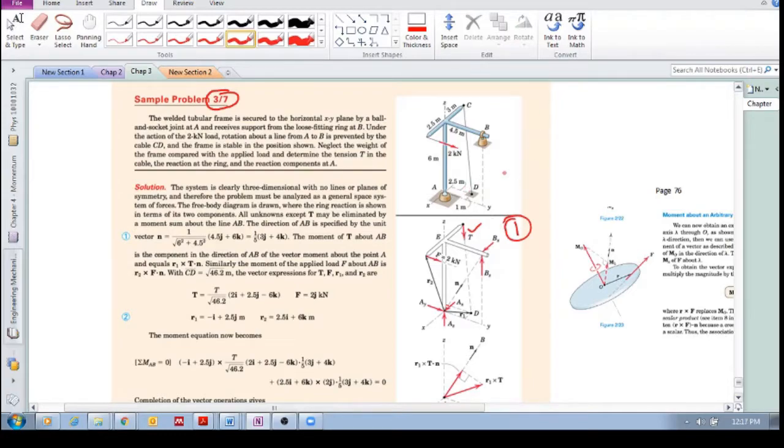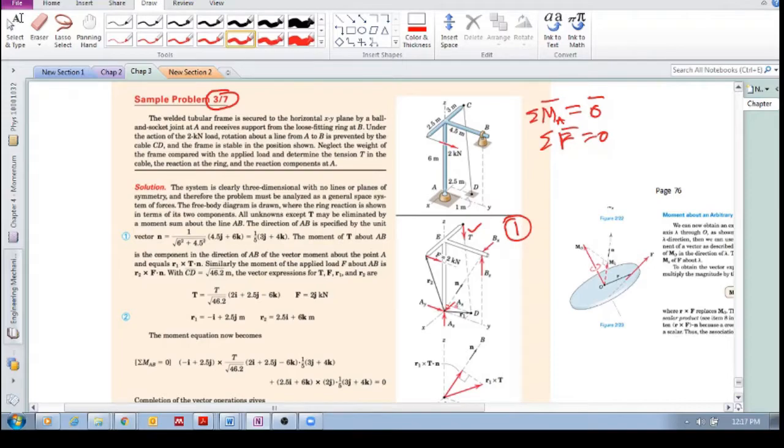Now we know that our general way of solving these problems of equilibrium is we have these equations, sum of the moments equal to 0 and sum of the forces equal to 0. Often we would take point A and say sum of the moments about A equals 0.